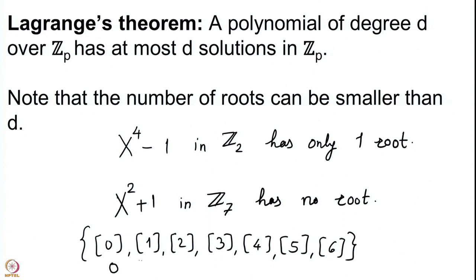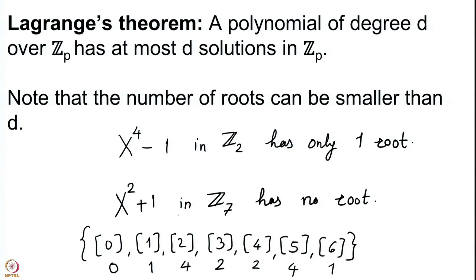So, 0 square is 0, 1 square is 1, 2 square is 4, 3 square is 9 which is 2, and 4 is minus 3, so its square is 2, 5 is minus 2, so its square is 4, and 6 is minus 1, so its square is 1. So, there is no solution to x square plus 1. X square plus 1 is the same as x square minus 6 when you are looking at Z7.